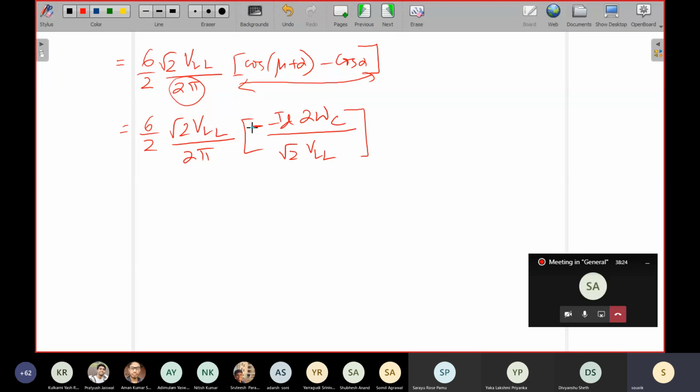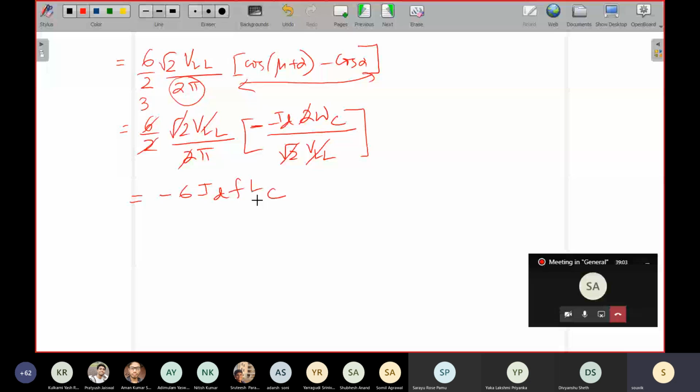So the loss is equal to minus, if you check, this root 2 and 2 cancel, and this is 3. And omega, if I replace it as 2 pi FC, then pi also cancels. So it is equal to 6 id f into LC. This is the amount of volt second that is lost.